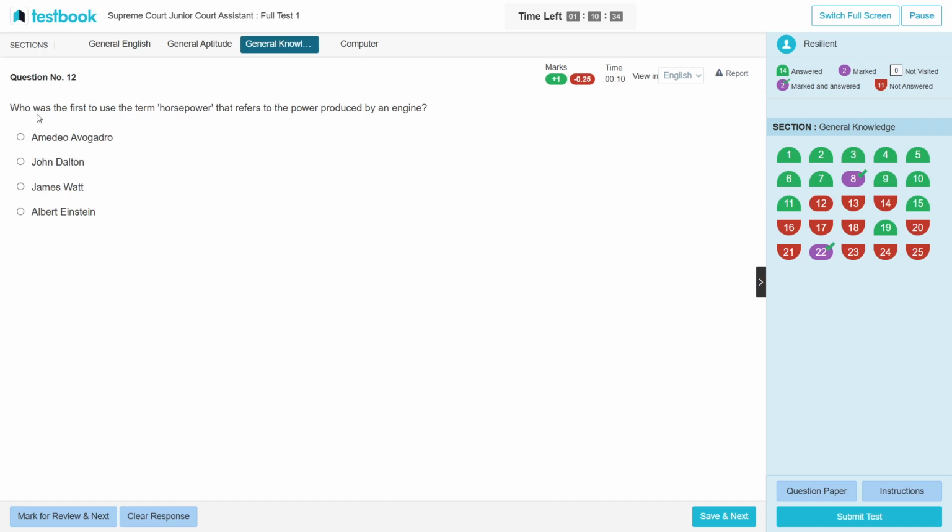Who was the first to use the term horsepower that refers to the power produced by an engine? James Watt.